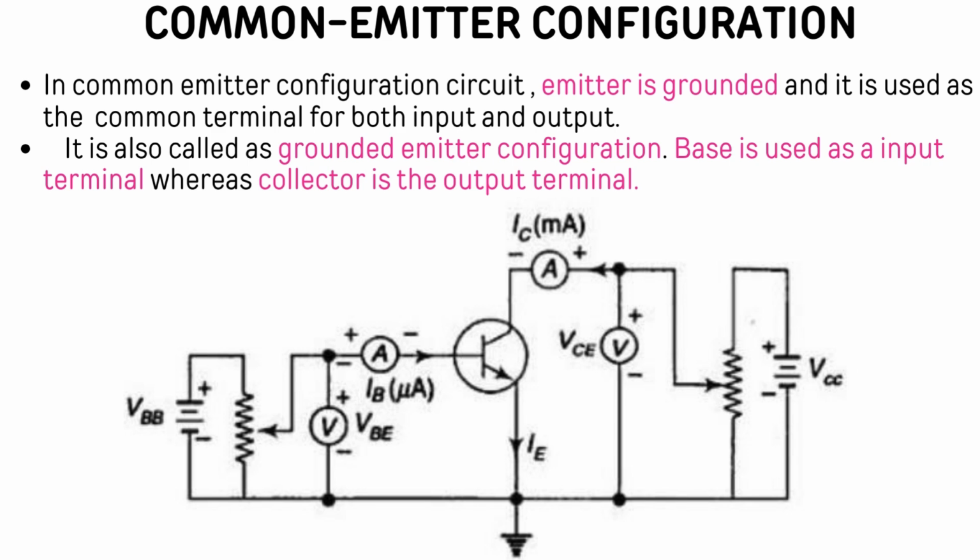Here the base is used as the input terminal, whereas the collector is the output terminal. This is also called grounded emitter configuration, where the base emitter junction is forward biased and the collector emitter junction is reverse biased.